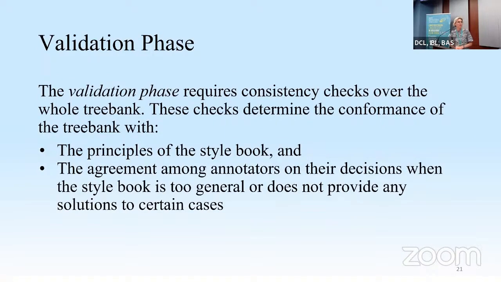Validation phase requires consistency checks over the whole tree bank. These checks determine the conformance with the principles of the style book that are followed and the agreement among annotators. And of course, here we could have two problems. The style book is not good enough, and then the people cannot annotate well because it's not clear what to do.